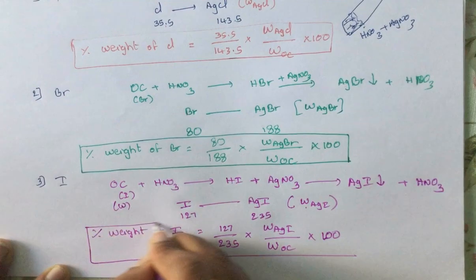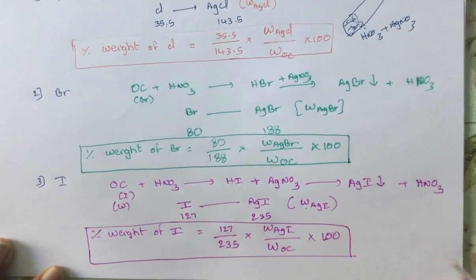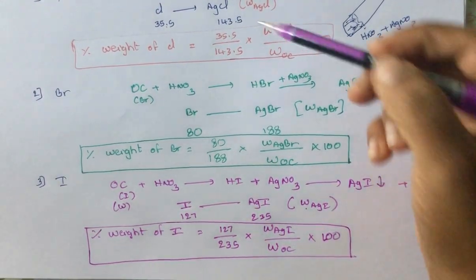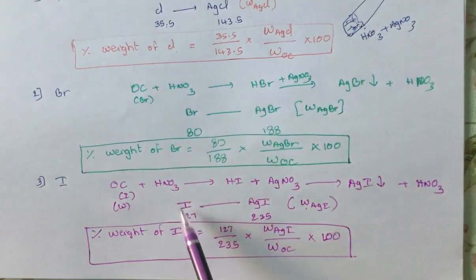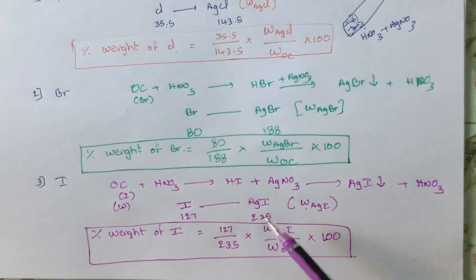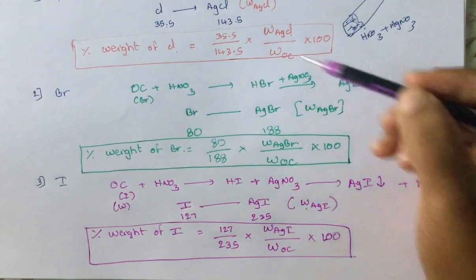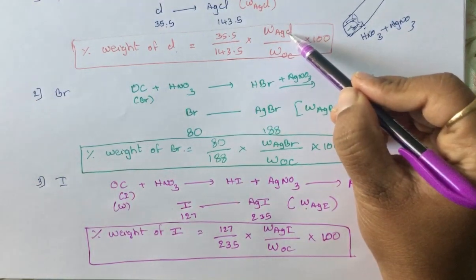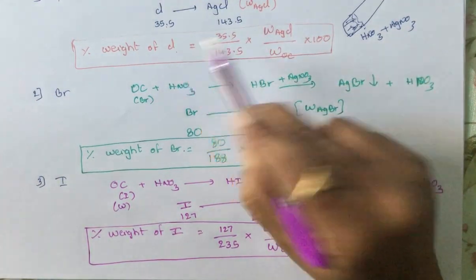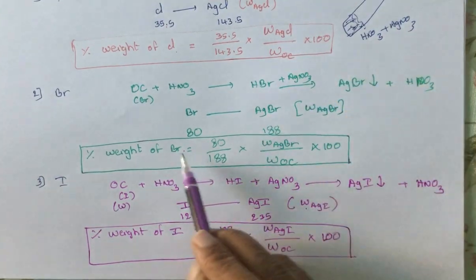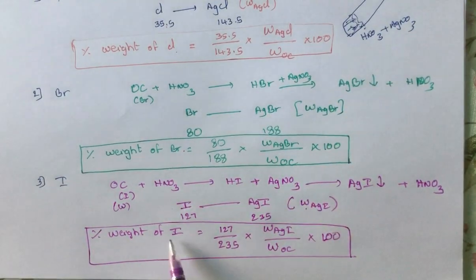That's all. So in this way you can determine the percentage weight of all three halogens: chlorine, bromine and iodine. The process is the same, but the precipitate formed is different. In the case of chlorine, it forms silver chloride. In the case of bromine, it forms silver bromide. In the case of iodine, it forms silver iodide.